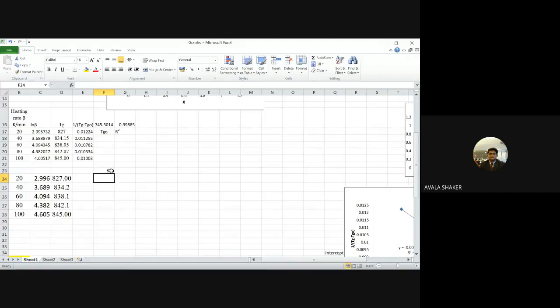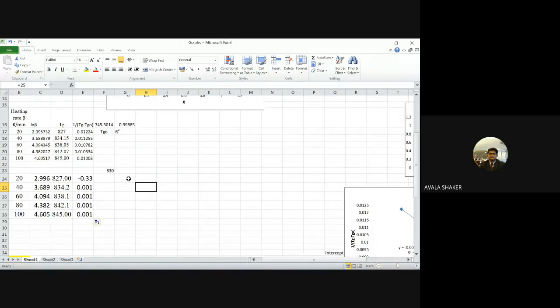That is my Tg0 which I am taking for the time being, and let me do the calculation for that: 1 divided by the bracket of Tg minus that.